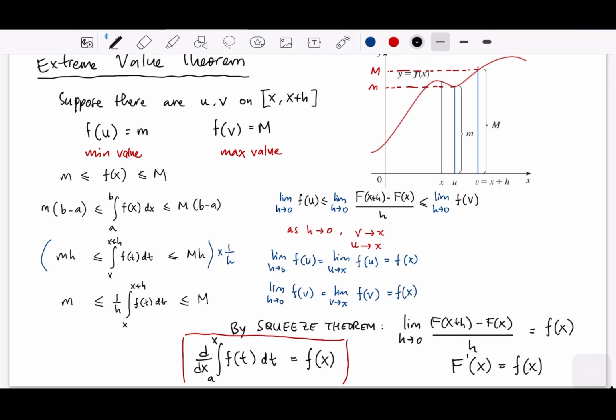Although it has the integration, it's a function because it goes from a to some variable. So we can say it's also a function. So basically this chapter will take all the differentiation part in chapter 3, the techniques. But what we are going to derive is the integral.